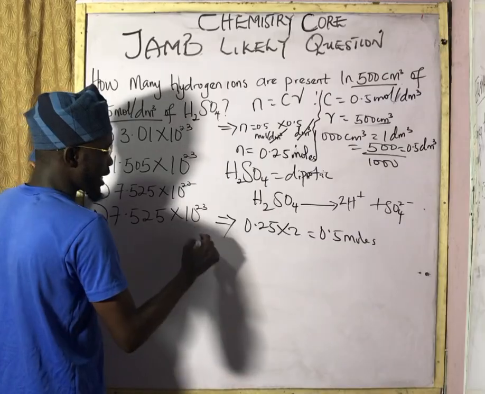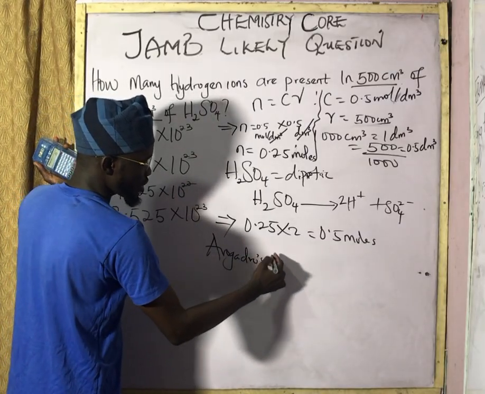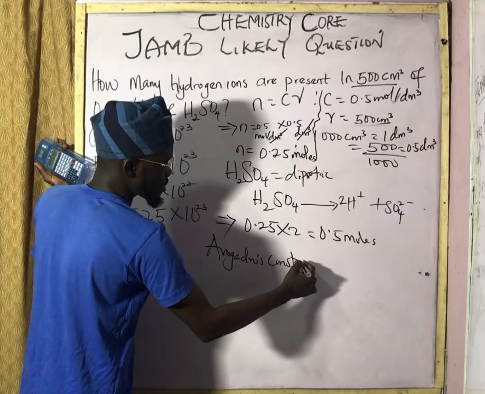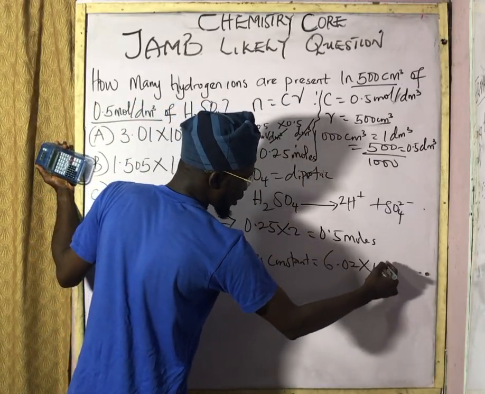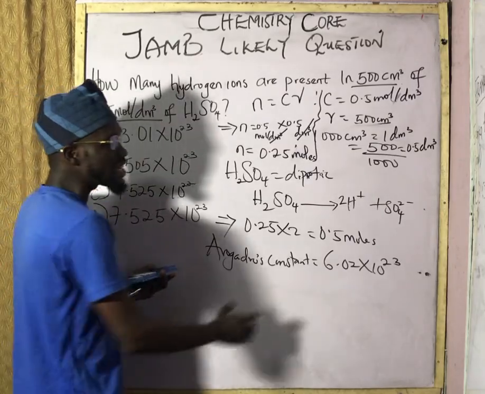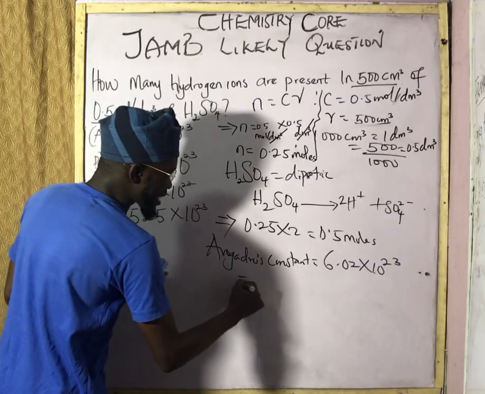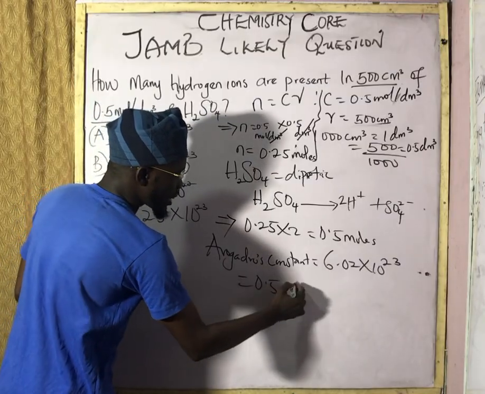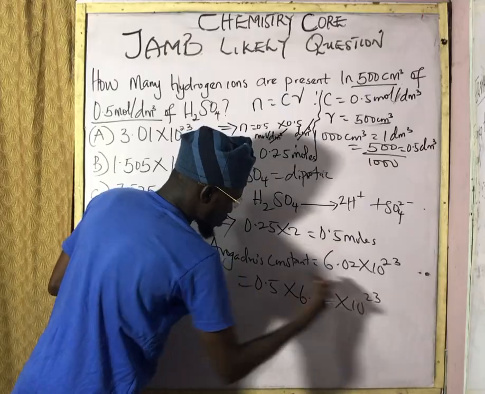So you can easily say Avogadro's constant is what? 6.02 times 10 raised to the power what? 23, guys. So now we are going to multiply the Avogadro's constant with what we have here. In that case, you can say 0.5 times 6.02 times 10²³.